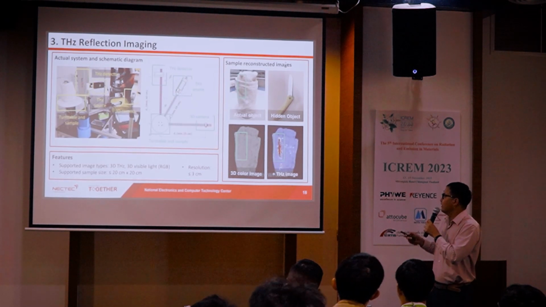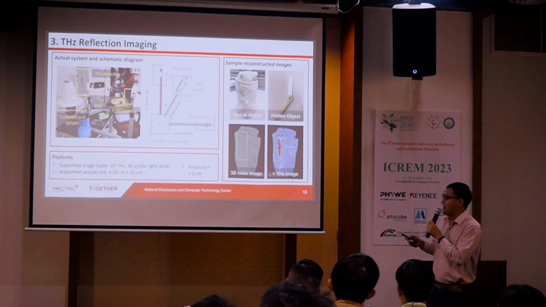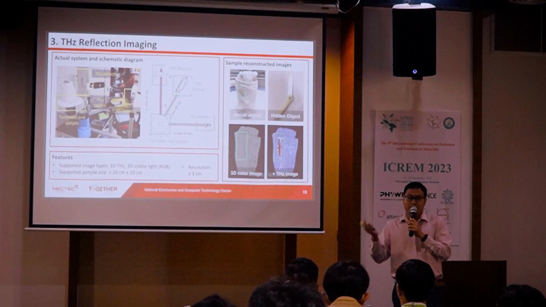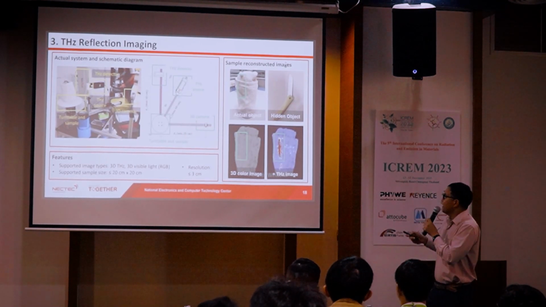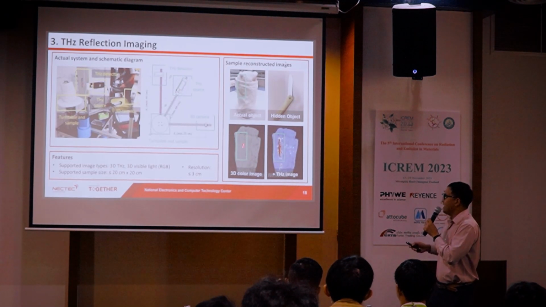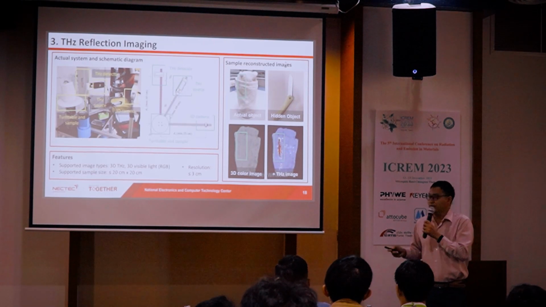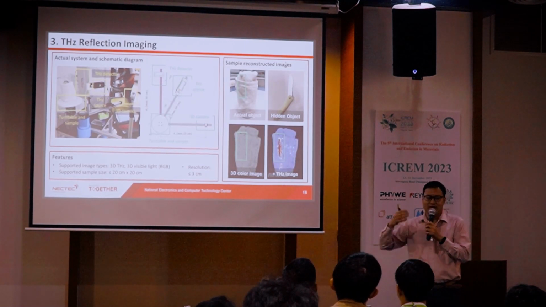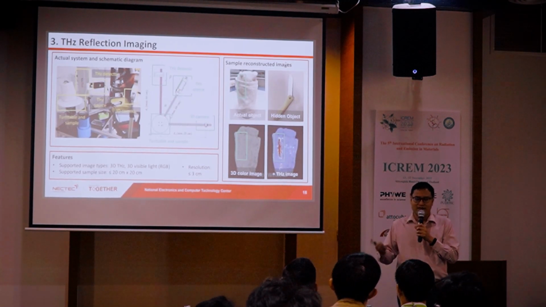And then you also have another 3D camera that captures the 3D surface information of the object. Now that you have the internal information from terahertz and outer surface information from 3D camera, you can fuse them to kind of have the 3D model representing both outside and inside information.